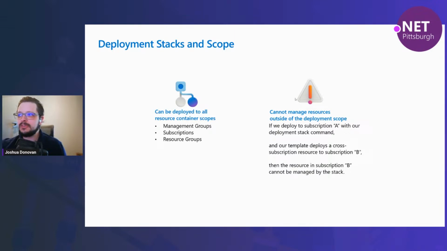Subscription B is not within scope if we deploy our stack to subscription A. Now, if subscription A and subscription B were both inside of a management group and we deployed to that management group scope, then yeah, we could manage both.